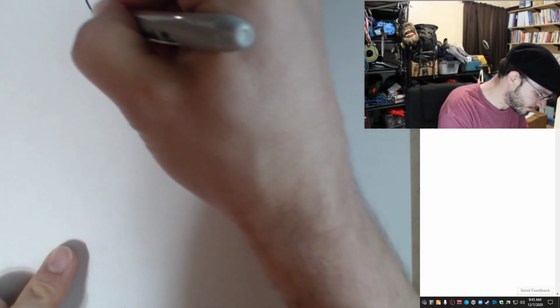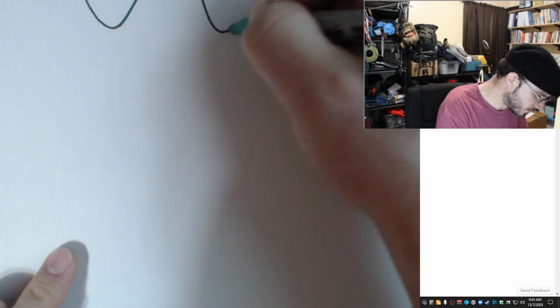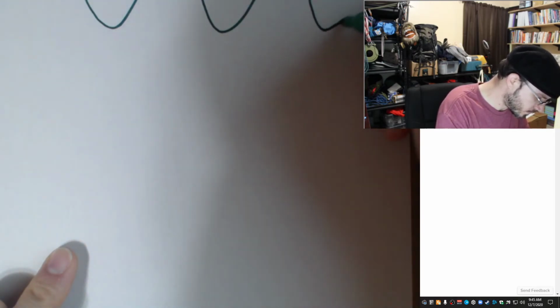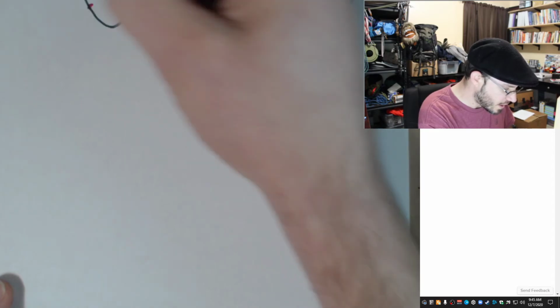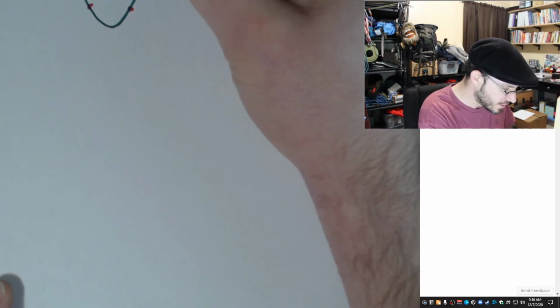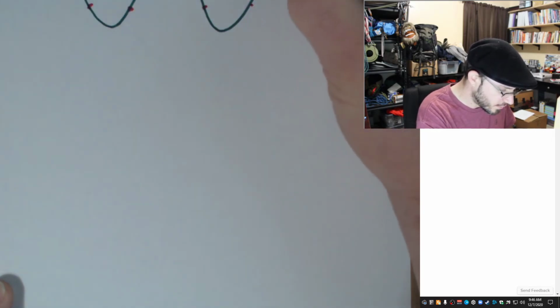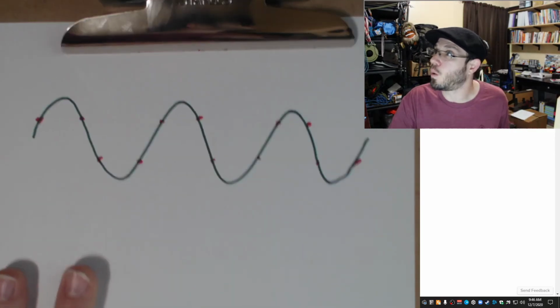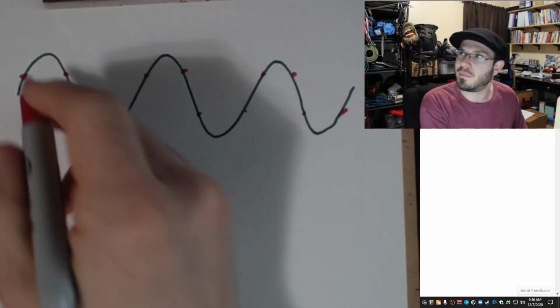And this is a real problem, by the way. Okay, so I sample here, here, here, here, here, here, and so forth. Well, what are all those values going to end up turning into?